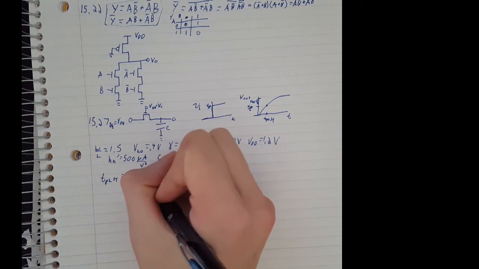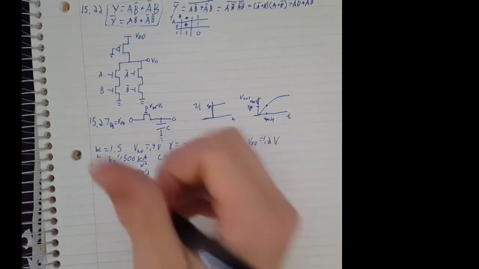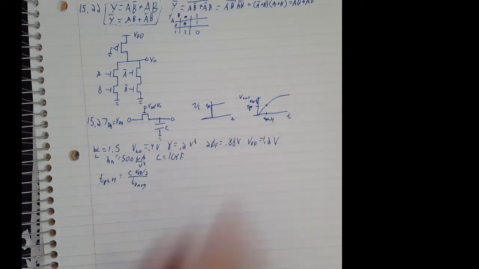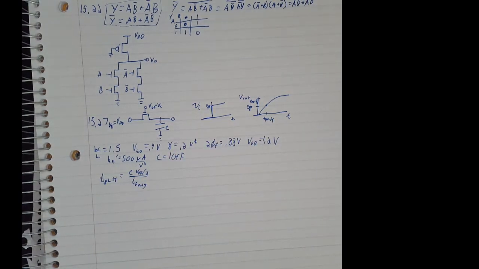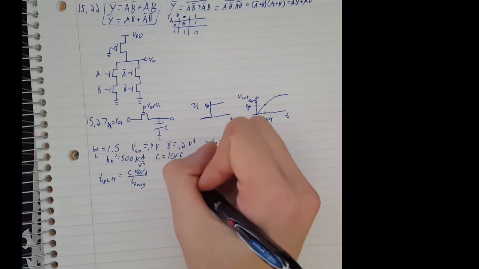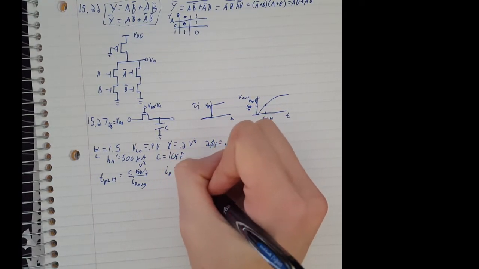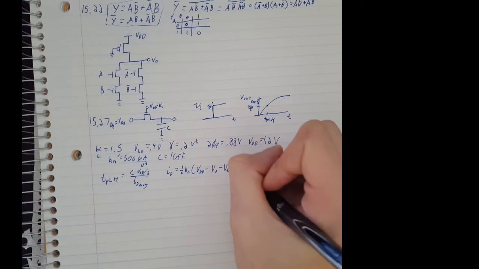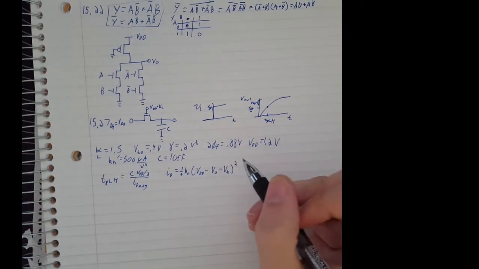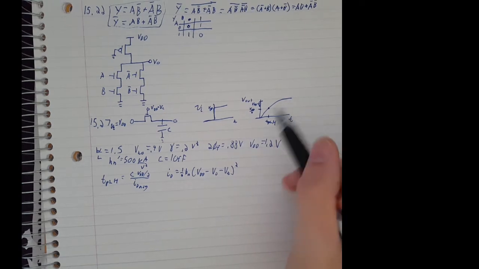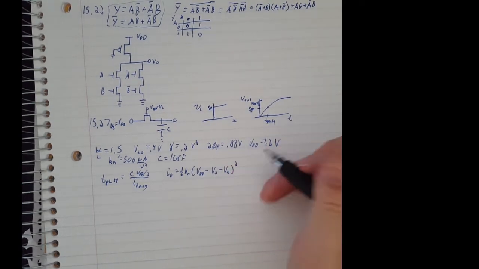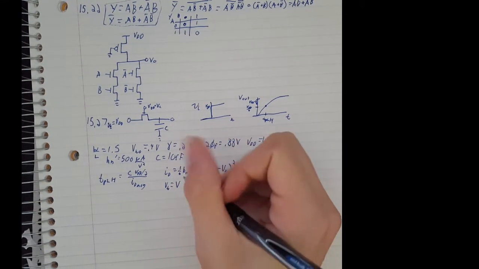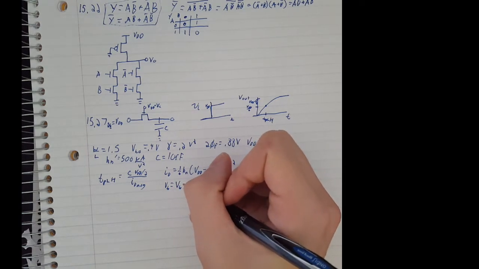So the average current method tells us that tplh is equal to C VDD over 2 divided by ID average. So how we're going to find that average is we're going to use this equation. And we're going to find the value at minimum and the value at maximum at VDD. And because our VT is changing, we got to use this equation. Both of these equations are in your book in chapter 15, section 15.4.